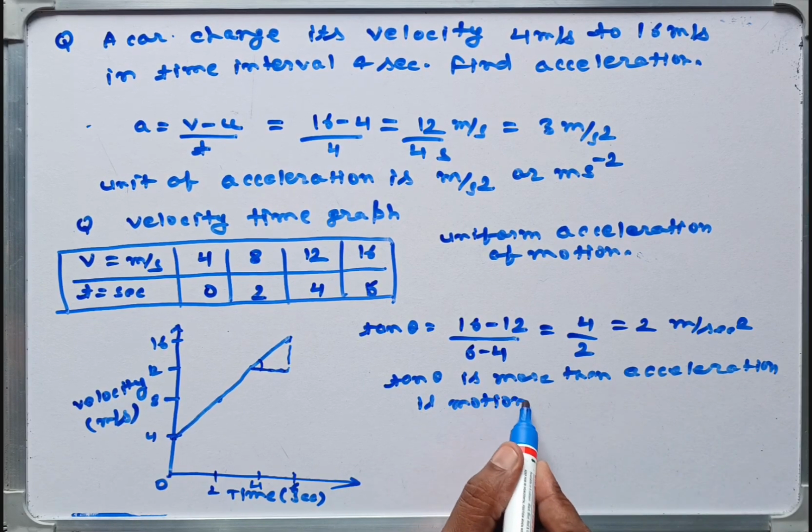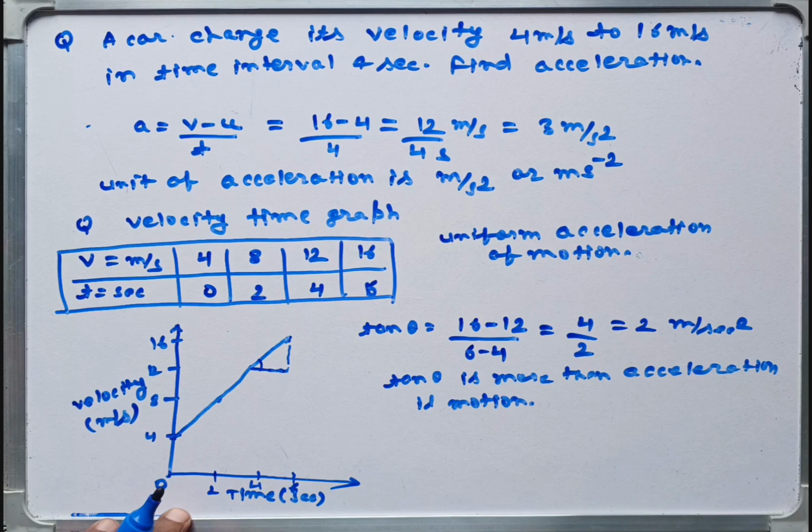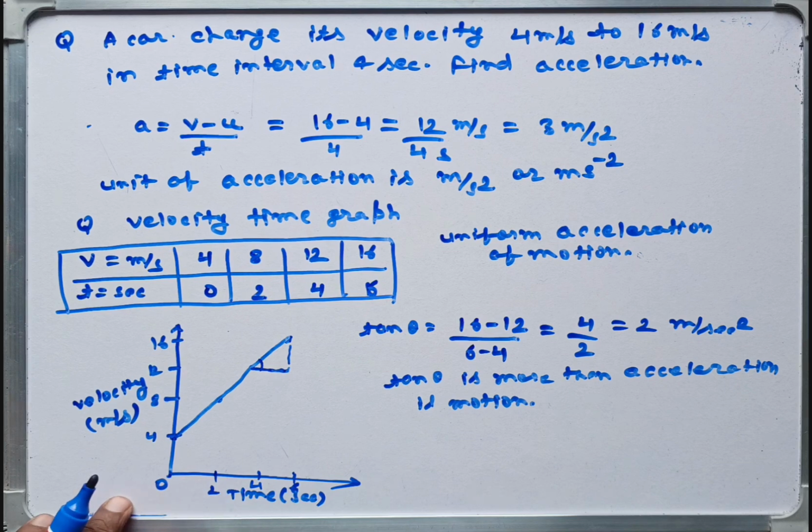Or you can also conclude from this graph that the motion of the particle is not starting from rest, because at t equal to 0 it is not passing through the origin. If it were passing through the origin, then at t equal to 0, v equal to 0, and the object must be at rest. Okay, so in such a way you can analyze the graph.